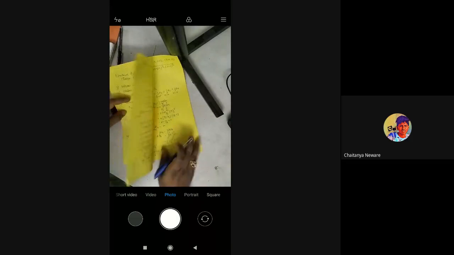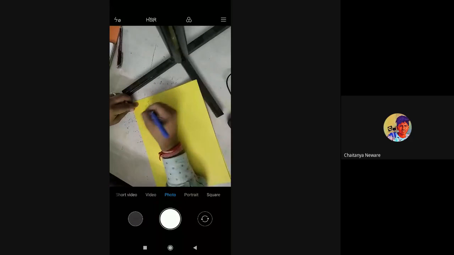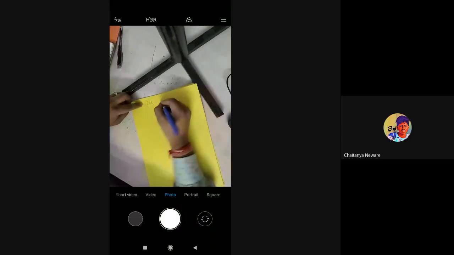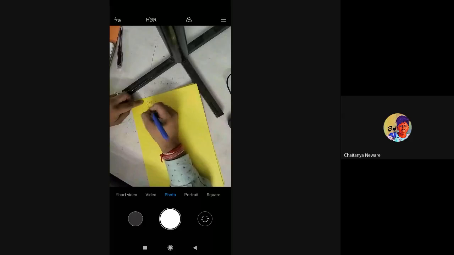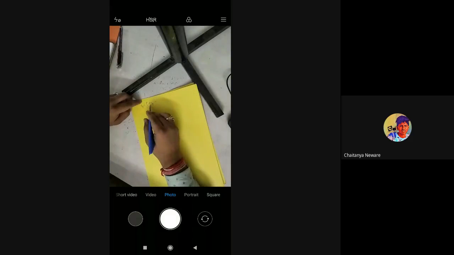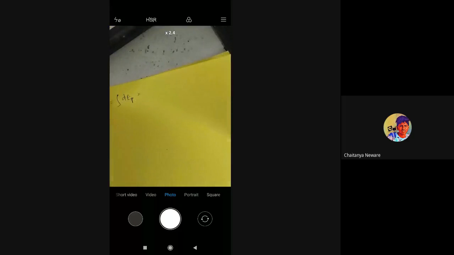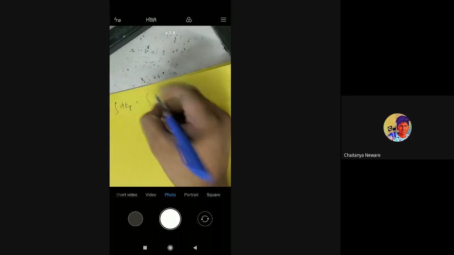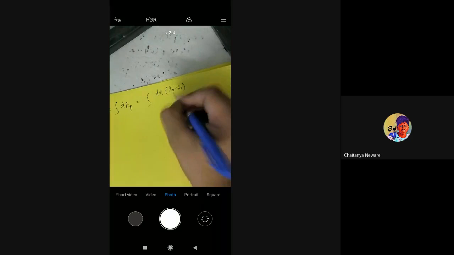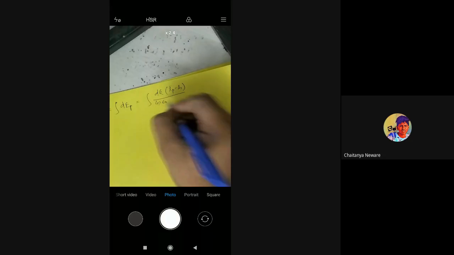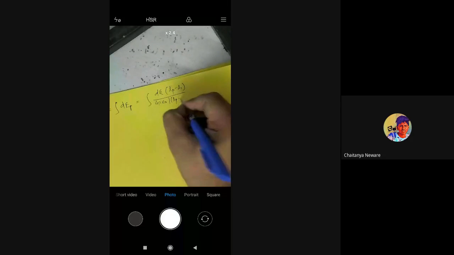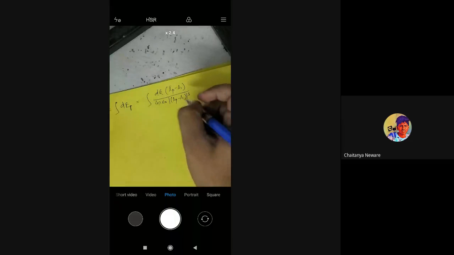The formula for differential electric field intensity: we have to find the electric field intensity at point P. First we have to find the differential electric field intensity dEP. So the electric field is the integration of dEP, which is dq times (rp minus r1), where any one point is given, upon 4 pi epsilon 0 times the magnitude of rp minus r1 cubed.